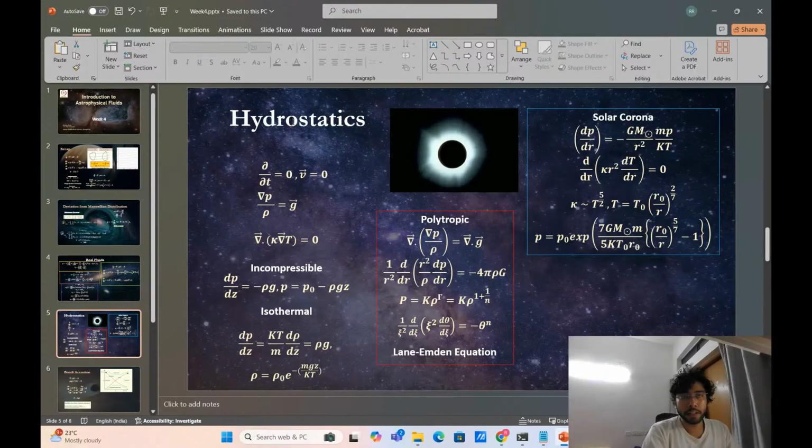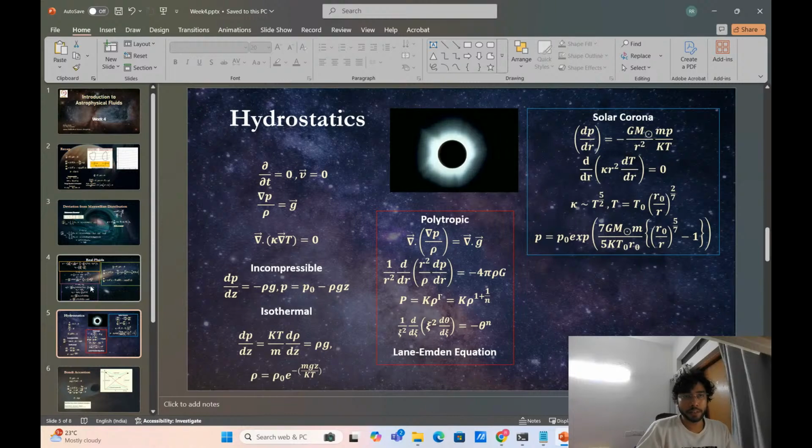When we say static, we can already assume that there is no velocity of the fluid, v is zero. And when we think about equilibrium or steady state, we can assume that the change of any quantity with time is basically zero.